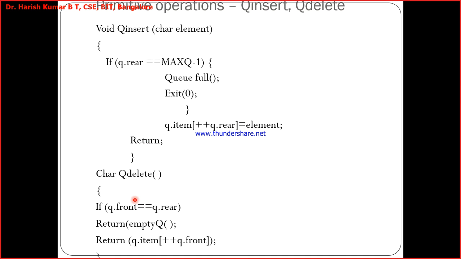Similarly delete. I've already told you, if q dot front is equal to q dot rear, what does it mean? They are equal, so the queue is empty and you print that and return. Otherwise you return the element pointed to by the front, by incrementing the front.